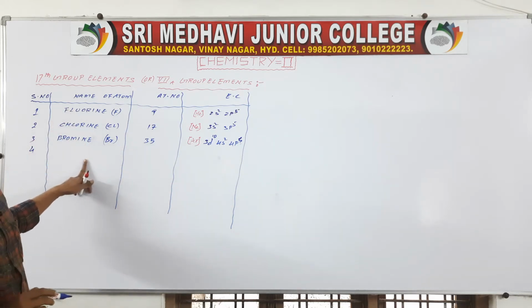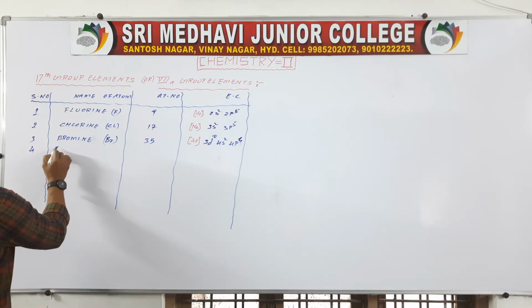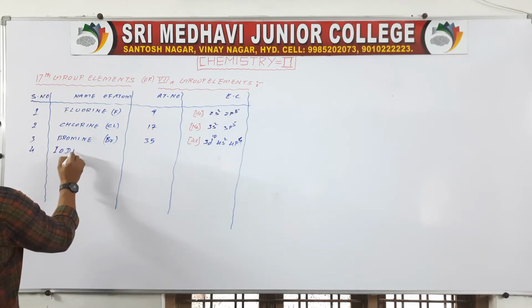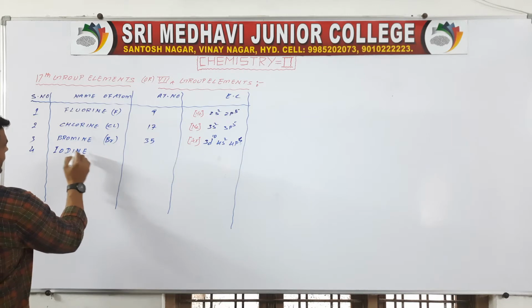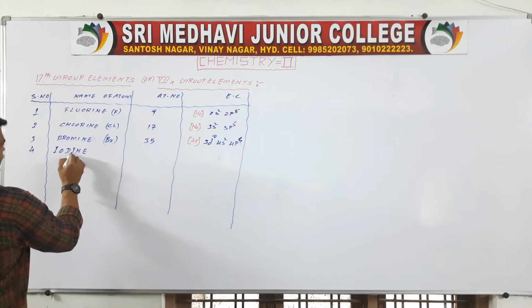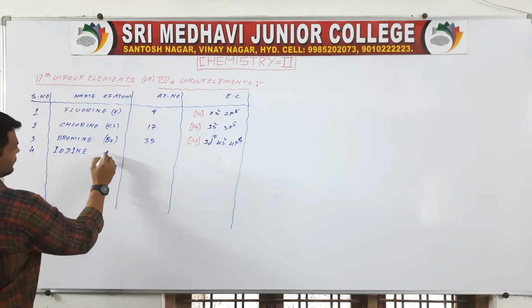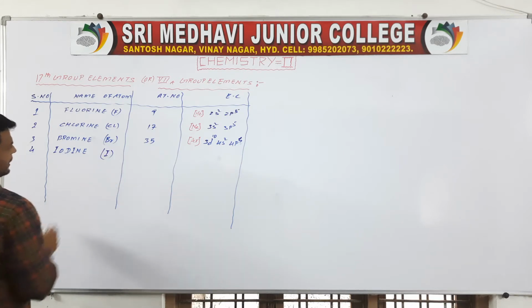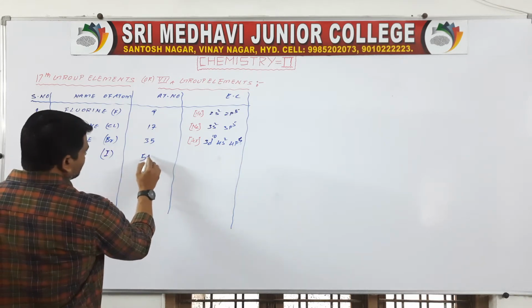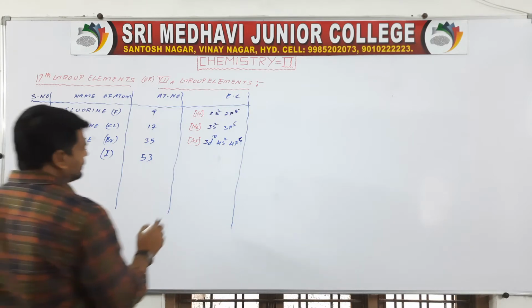Then the fourth one, after fluorine, chlorine, and bromine, is iodine, symbol capital I, atomic number 53.